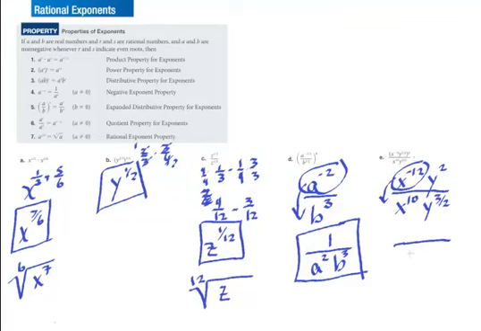You really have x to the 22nd on the bottom, because once that 12 comes down here, it's 12 plus 10, so that's x to the 22. This y is y to the, and I need to do 2 minus 3 halves, so let's do 4 over 2, which is 2, minus 3 halves. So that's y to the 1 half up here, and that's your answer.